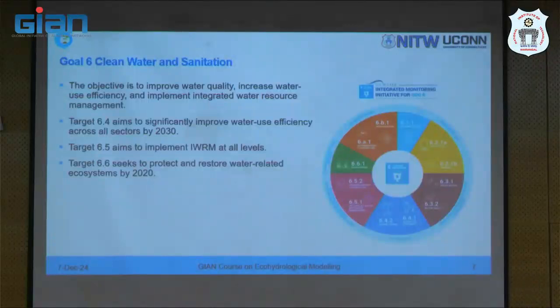The objective here is to improve water quality, increase water use efficiency, and implement integrated water resource management that we have been talking about, and improve water use efficiency along all sectors, right? So, number one user of freshwater withdrawal globally is agriculture, and that goes to produce food.